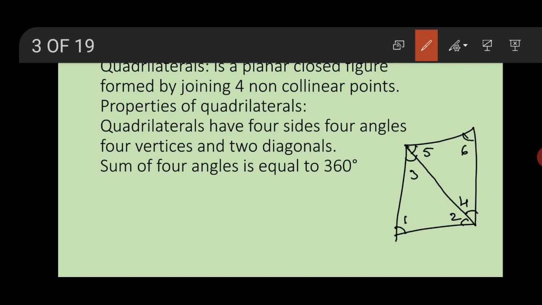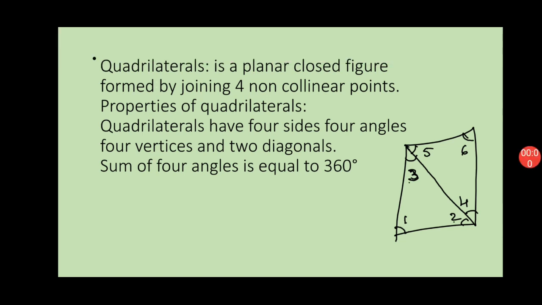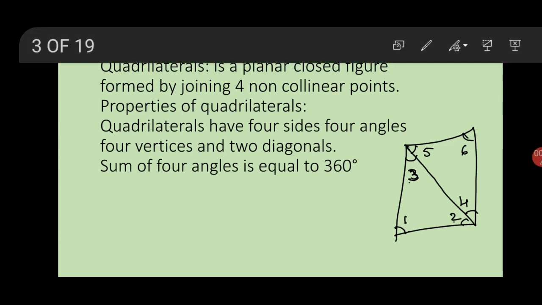You know, sum of three angles of a triangle is equal to 180 degrees. So 180 degrees plus 180 degrees is equal to 360 degrees.